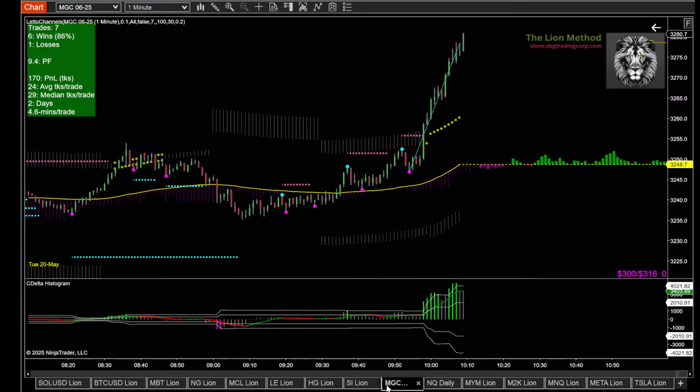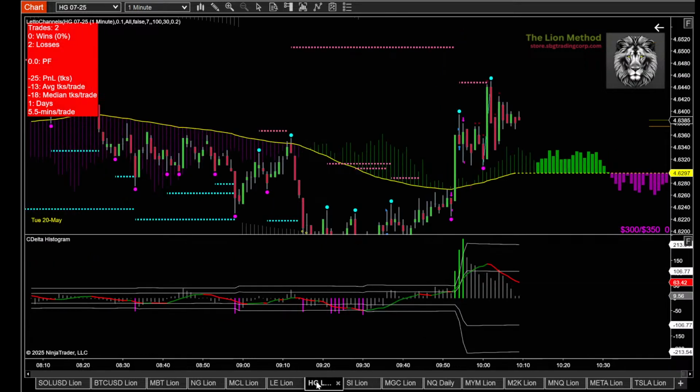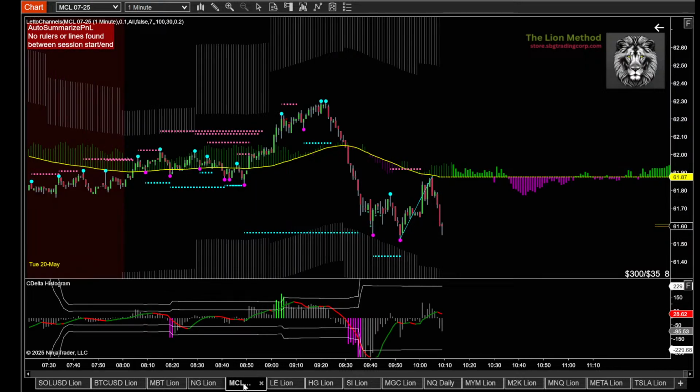Oh yeah, silver and gold are in lockstep, but copper is consolidating though compared to gold and silver.